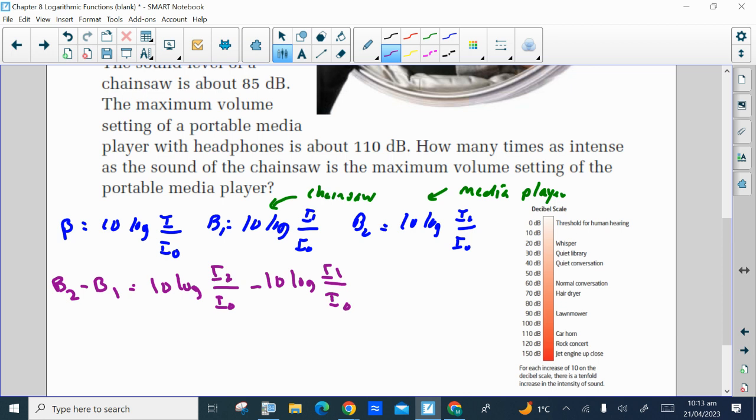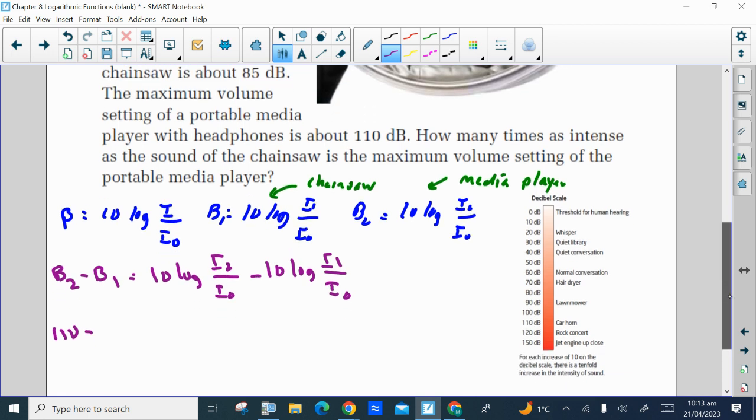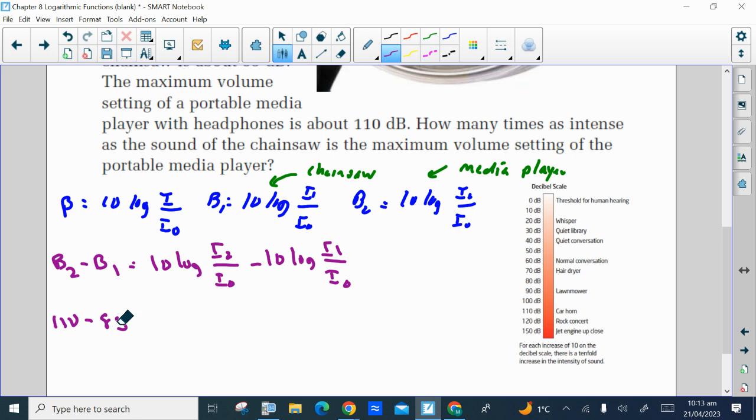Now we know what beta 2 and beta 1 is. The decibel level of the media player headphones is 110 decibels. Minus beta 1, the decibel level of the chainsaw, which is 85 decibels. So we can plug those values in.